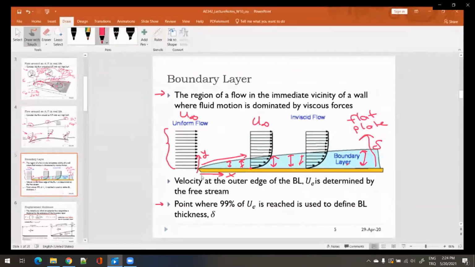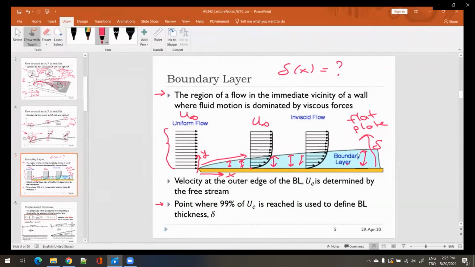So delta will grow with x. So delta is a function of x. The question is, we don't know what this function is, how it grows. And we want to calculate it under different flow conditions for different geometries, for flat plates, for airfoils. How can I calculate this delta?